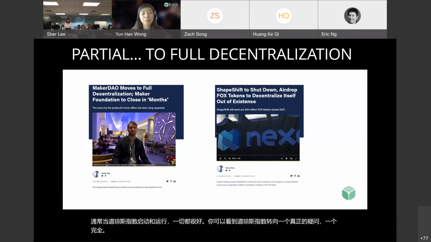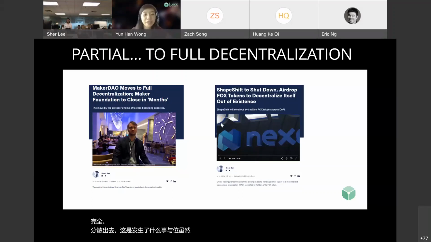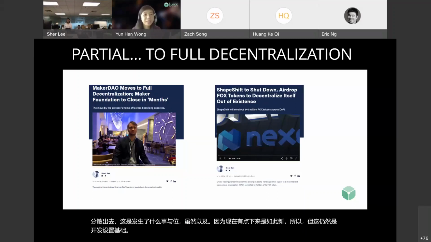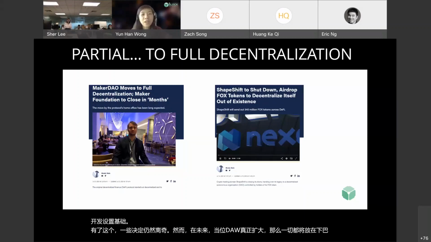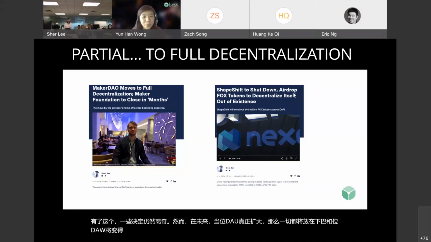And this is what is happening with BitDAO as well, because BitDAO right now is so new. BitDAO is still developing, setting foundations, and with this, some of the decisions are still off-chain. However, in the future, when BitDAO has really expanded, everything will be put on chain and BitDAO will become an even more decentralized DAO.